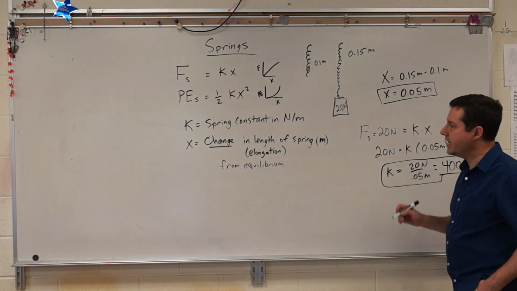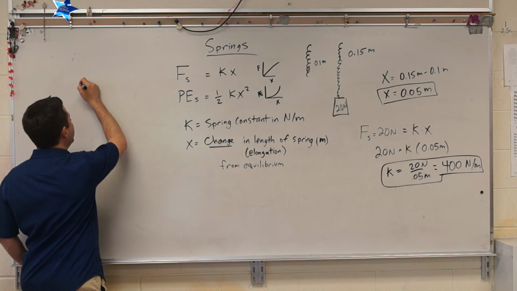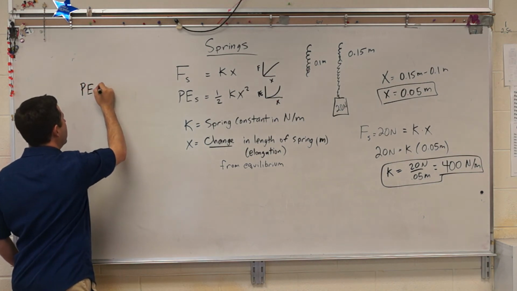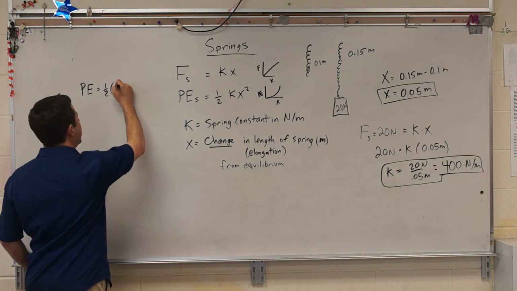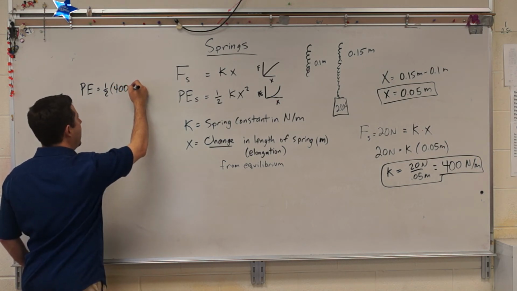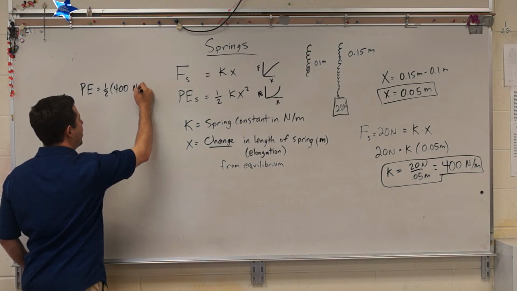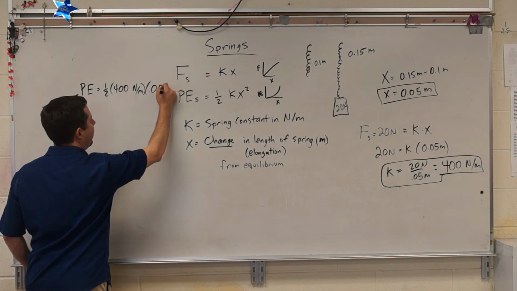Let's say I want to find the kinetic energy of this. I'm sorry, the potential energy of this. The potential energy is 1/2 kx squared, so 1/2 times, we figured out that the spring constant is 400 newtons per meter. We know that the stretch elongation is 0.05 meters.